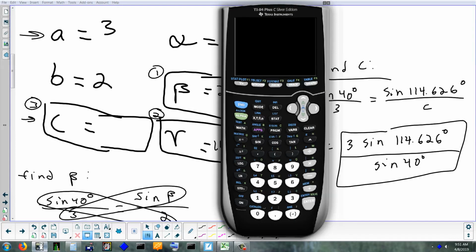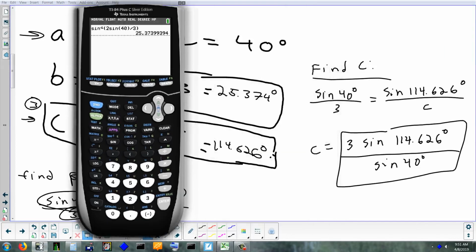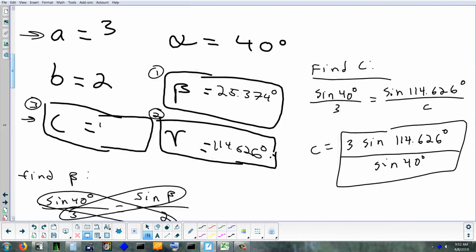Right, let's see. If you don't get an answer between 3 and 5, you did something wrong. 3 sine 114.626 divided by sine 40. It's exactly what we thought it should be between. And we got 4.243. And now we've got all the information.